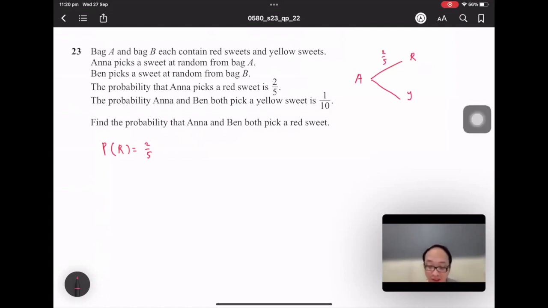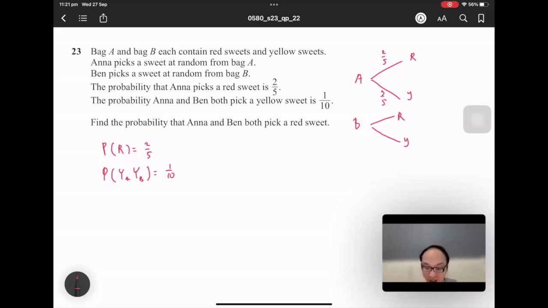So to get yellow from bag A will be 3 over 5. That's from bag A, and then from bag B, the probability of red and yellow. The probability Anna and Ben both pick a yellow is 1 over 10. So the probability of yellow from A and yellow from B is 1 over 10.